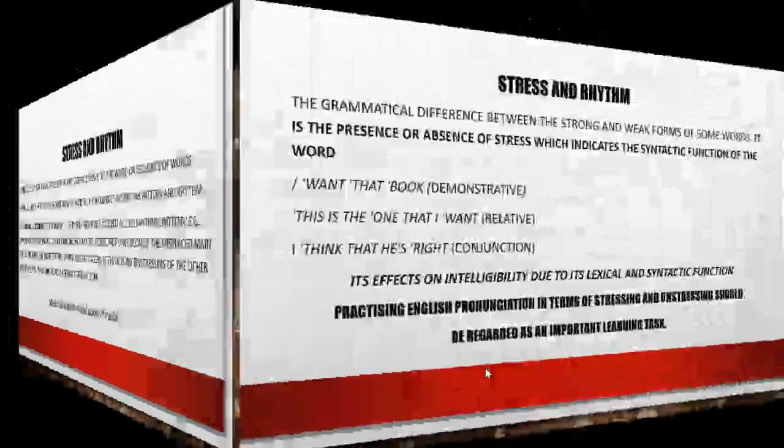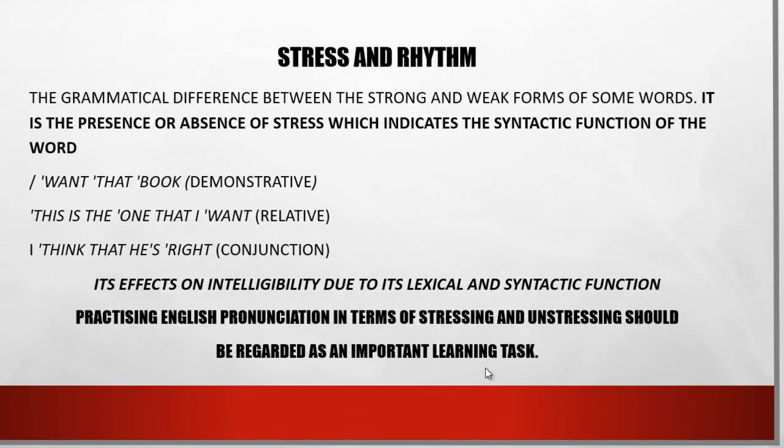Another aspect, of a different nature, is that concerning the grammatical difference between the strong and weak forms of some words. You know that we have been discussing this for months, and also last year. In this case, it is the presence or absence of stress which indicates the syntactic function of the word.